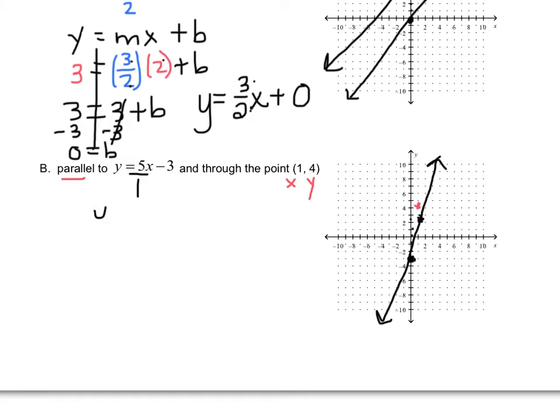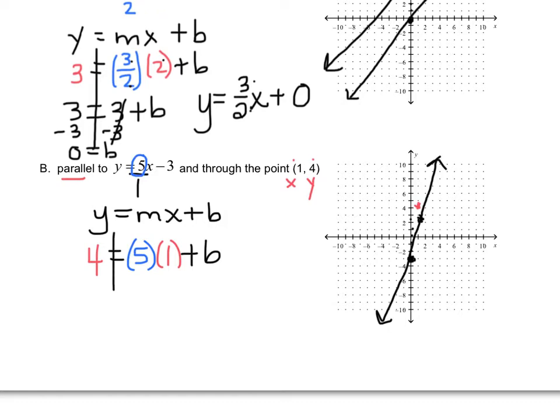That's okay. So into y equals mx plus b, we will plug in our slope, the same exact slope as that. We can leave off the over 1. And so this will look like our y number 4 equals our slope, which is 5, times the x number, which is 1, plus b.